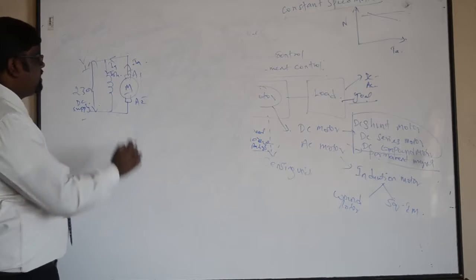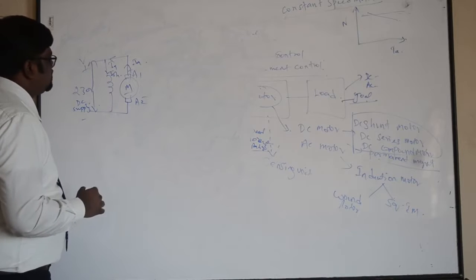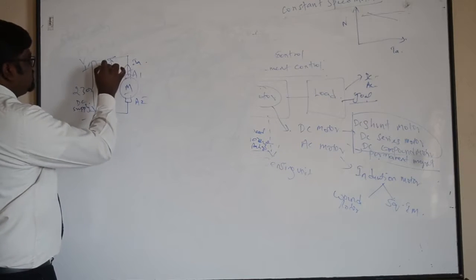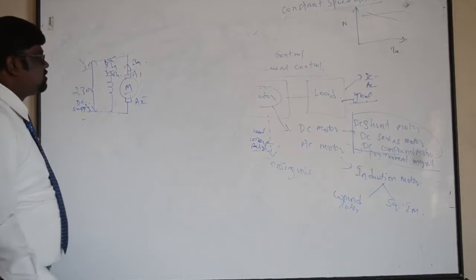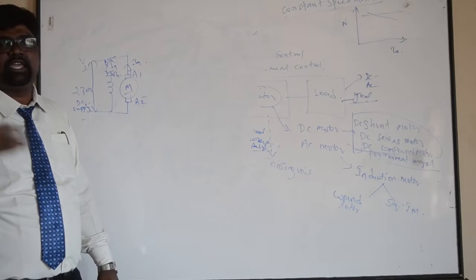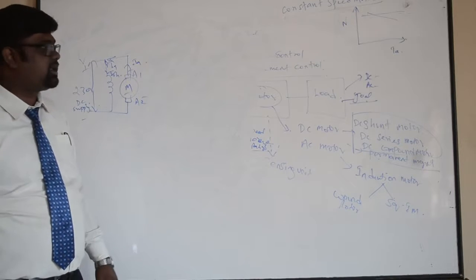Here we already know that the current is separated, so there is not that much impact on the current in the shunt motor. That's why we say that it is a constant speed motor.